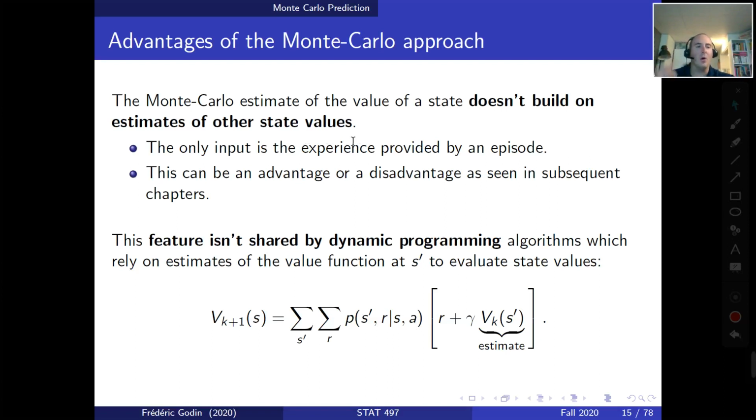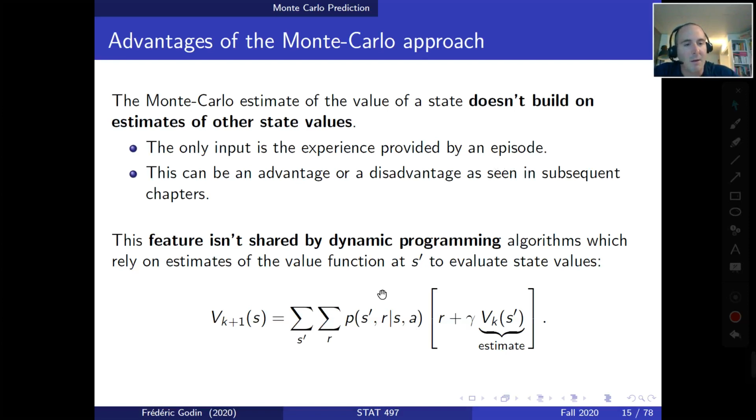The only input you use to estimate your value function for a state is experience, the generated episodes. You don't use estimates of the value of other states to build on your estimate of the value of some state S. We will see subsequently that this can be either an advantage or a disadvantage. We'll discuss that, but this is a key difference with what we had in dynamic programming.